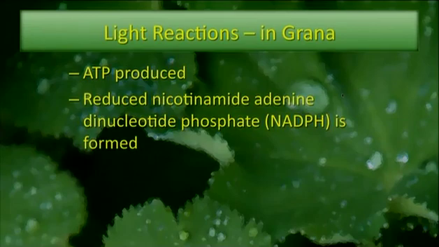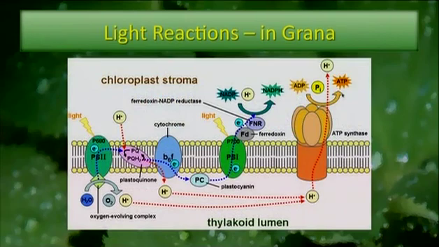So NADPH is the electron carrier in photosynthesis. Here you have the electrons finally being passed to NADP plus the hydrogen, forming NADPH.